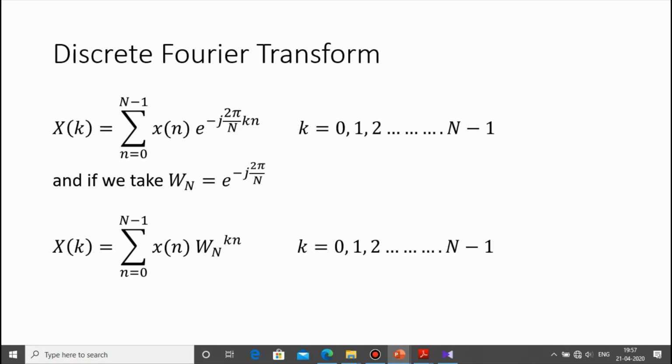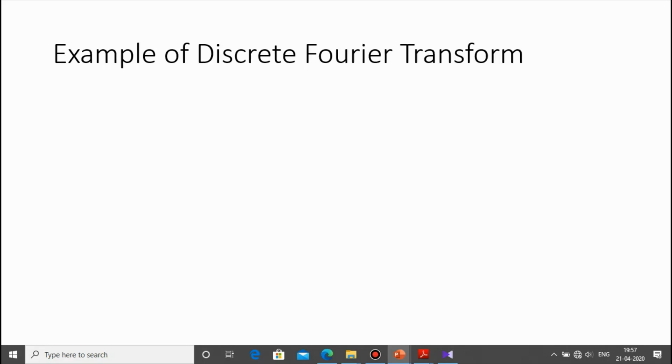Now, we take an example of DFT. Say we have a time domain sequence x[n] equal to 1, 1, 0, 0.